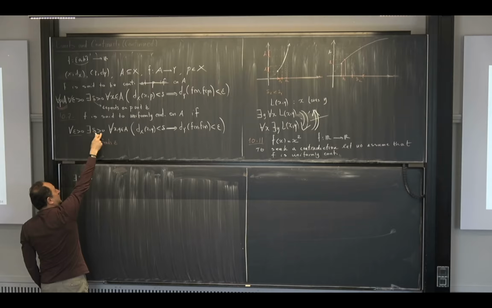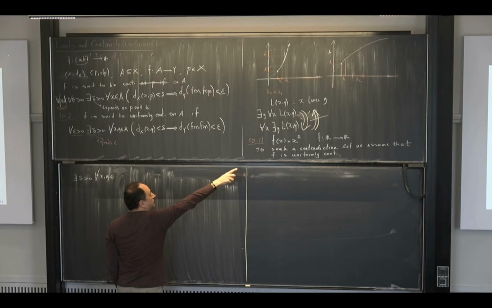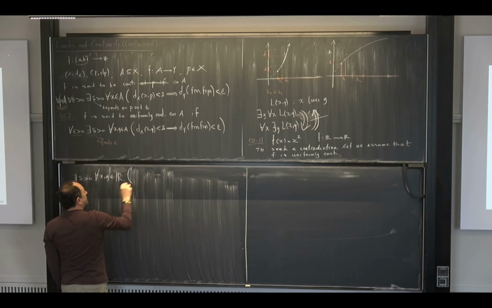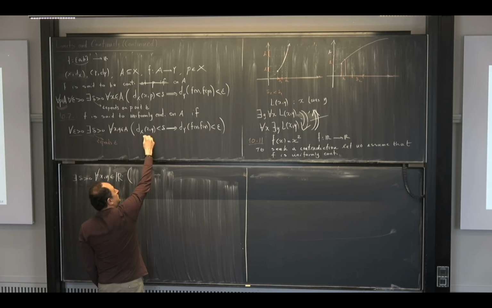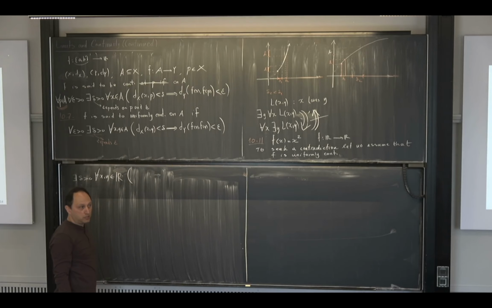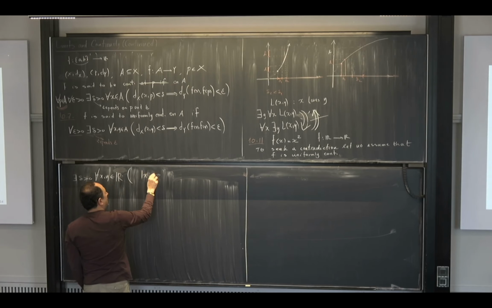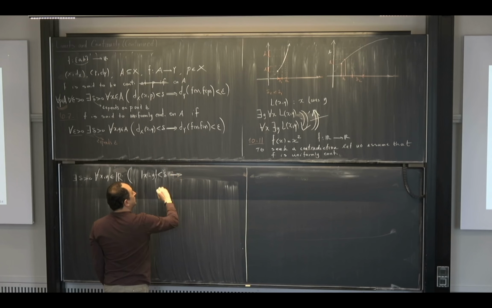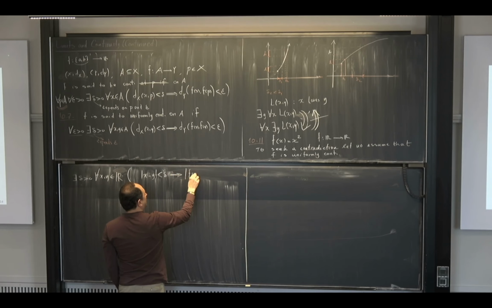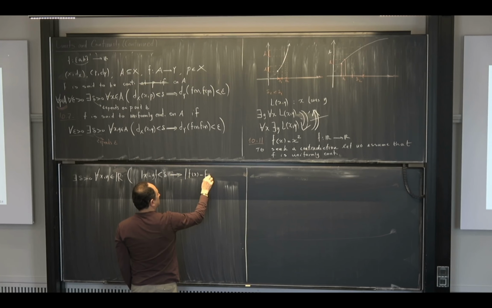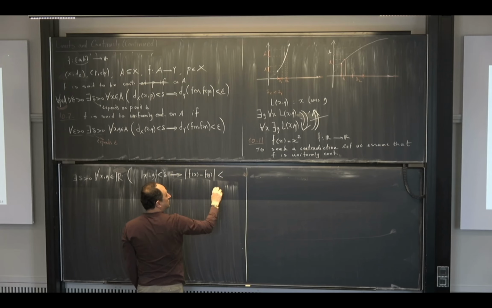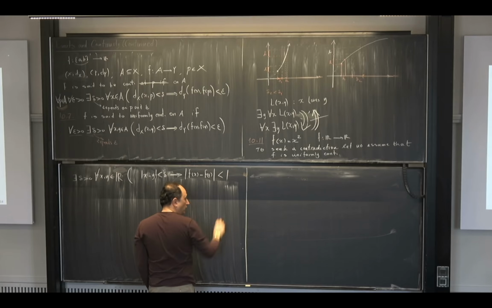So there exists a delta greater than 0 such that for all x and y in my domain, the domain of my function is R, such that the distance between x and y, this is just the normal Euclidean space, I don't need to write this fancy one, I would write the absolute value of x minus y is less than delta, then the absolute value between the f's is less than 1.